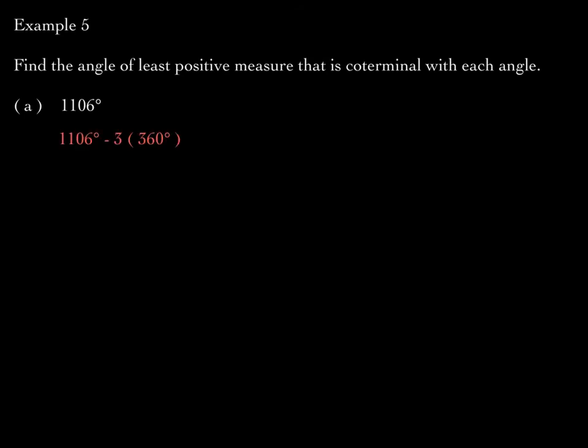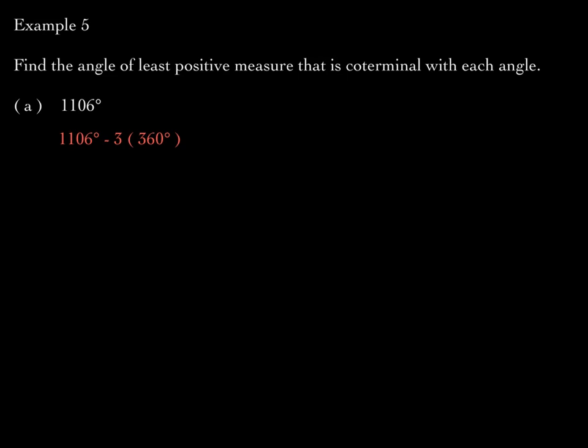So what you see me doing here is subtracting 3 full rotations from 1,106 degrees. Now, keep in mind that if 3 rotations is too much, then my answer is going to be negative, and I don't want it negative. So if this difference turns out to be negative, that means I took too many rotations away. Maybe I should only take 2 away, right?